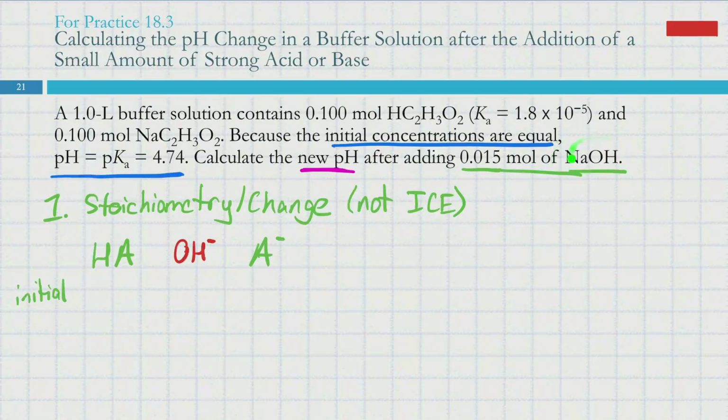That's the NaOH. When we add the sodium hydroxide, is it going to react with the weak acid or the conjugate base? Does OH minus react with HA or A minus?